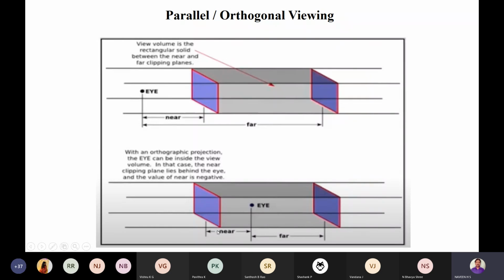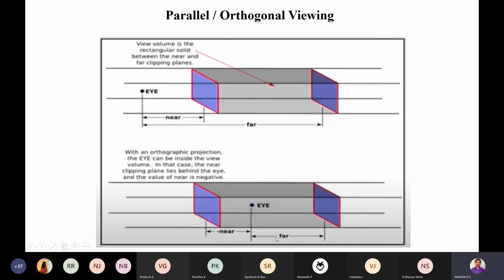Whatever the near point is, that value will be negative, because look at this: this is the near, but now your eye is here. Then what is this? This will be the negative distance, minus near. But here, this is the near point, and you are at this location, so this is a positive distance, plus near.